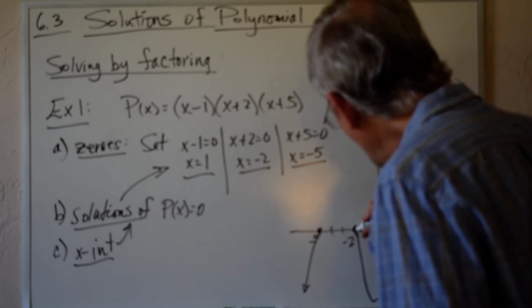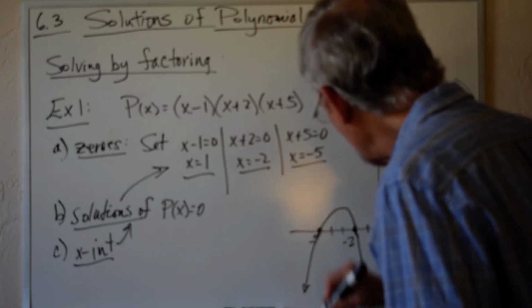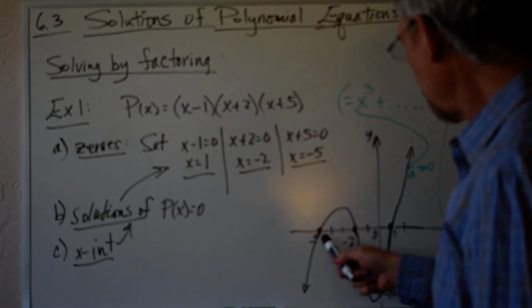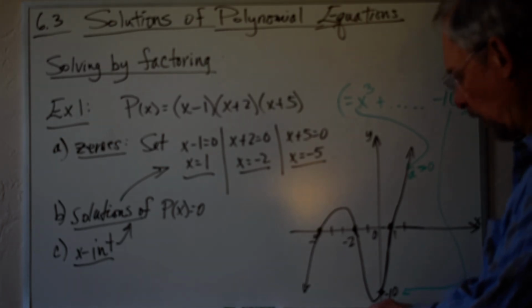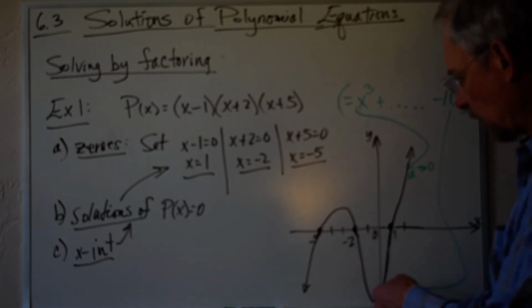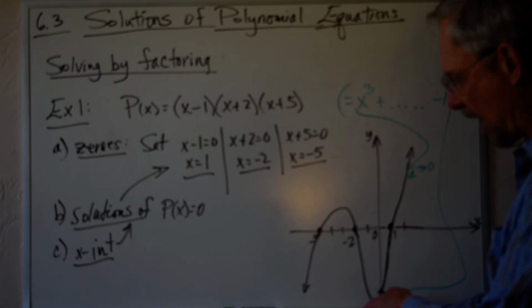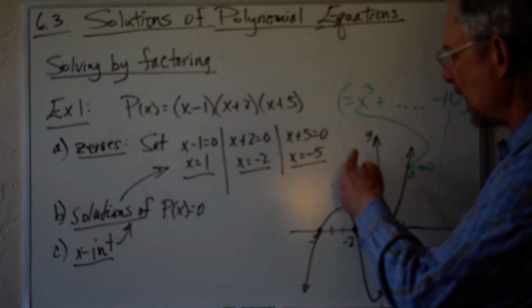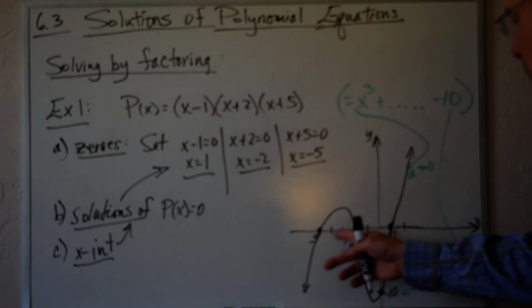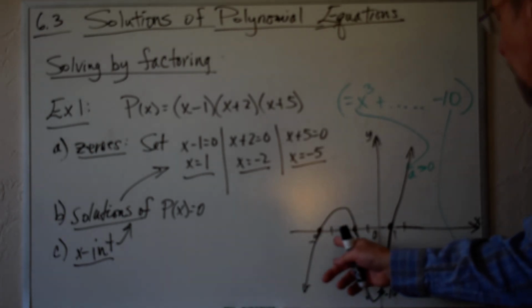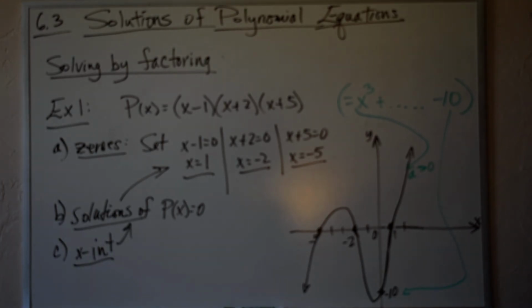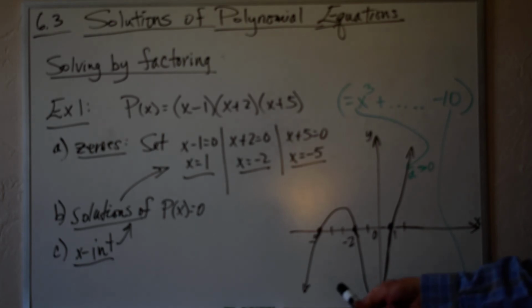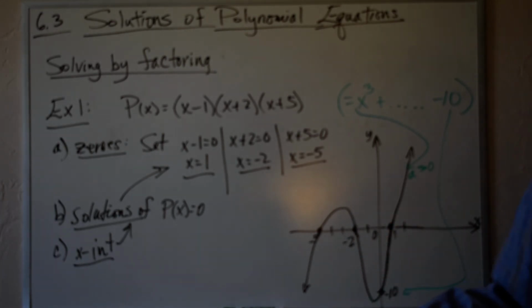And it has to go up, go through that x-intercept, and then go through that x-intercept. I have no idea how low it goes here. I'm not going to bother trying to calculate some points and figure that out. Same thing here, I have no idea how high it goes. I could plug negative 3 or negative 4 in there and get a pretty good idea, but I'm not going to bother with that. And that's how you would handle something like this in example 1.